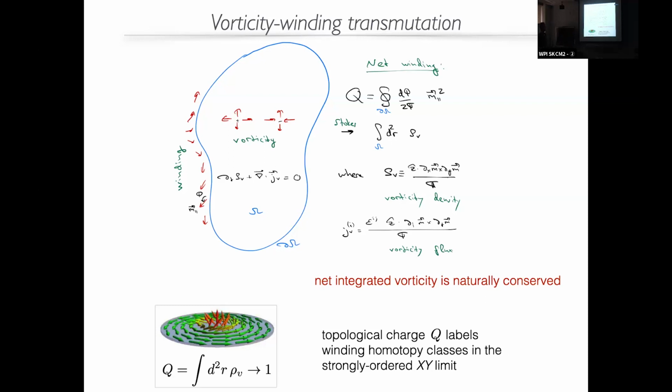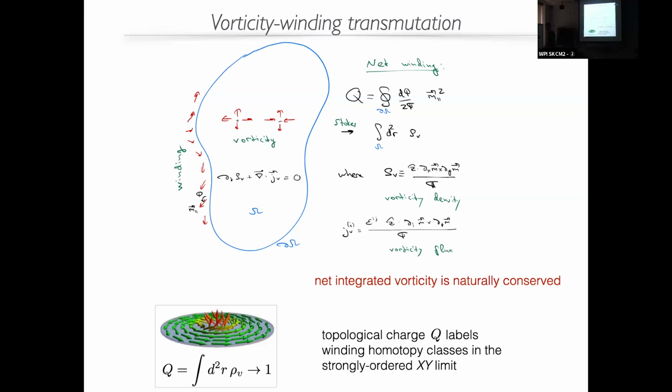So the key takeaway messages: there is a strict correspondence between winding on the boundary and net vorticity in the interior. Easy to understand in the strongly ordered easy-plane regime, because vortices then come in a quantized fashion.